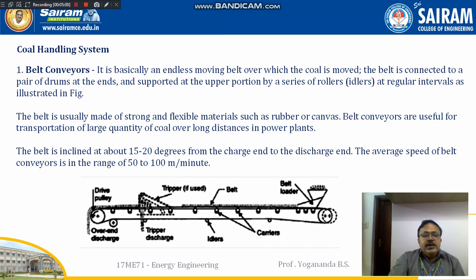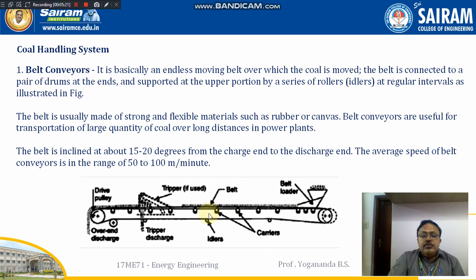Belt conveyor. The name itself says that it is the conveyor consisting of an endless moving belt over which the coal is moved. The belt is connected to the pair of drums at the two ends, and it is supported at the upper portion by a series of rollers here.